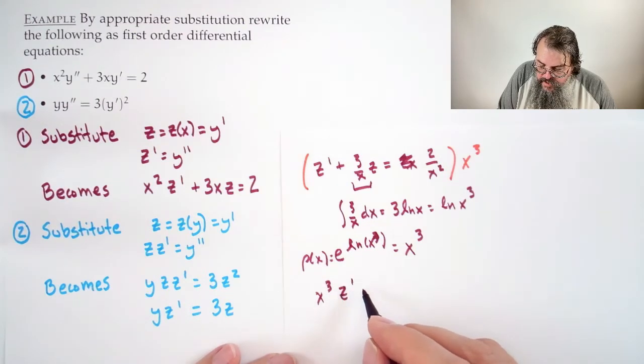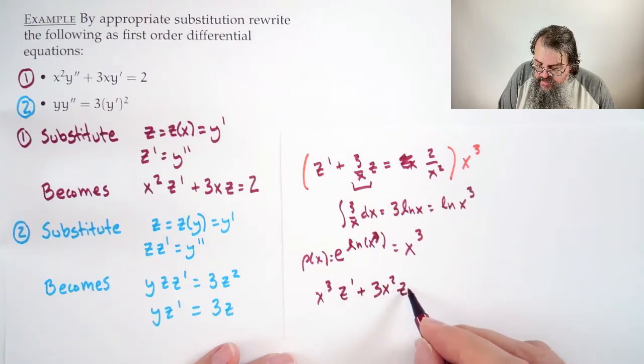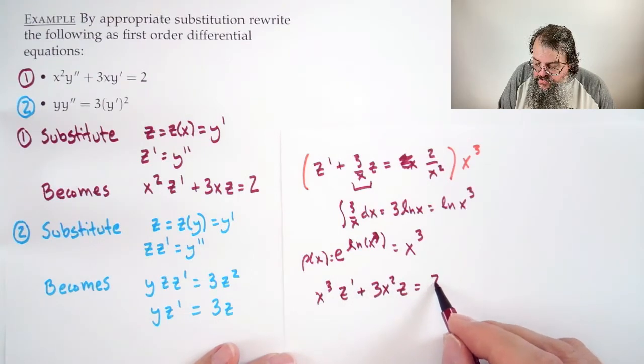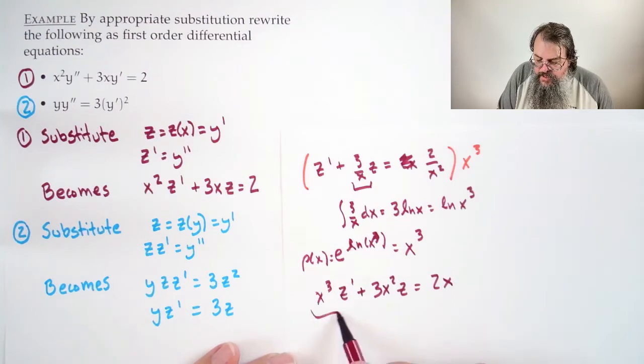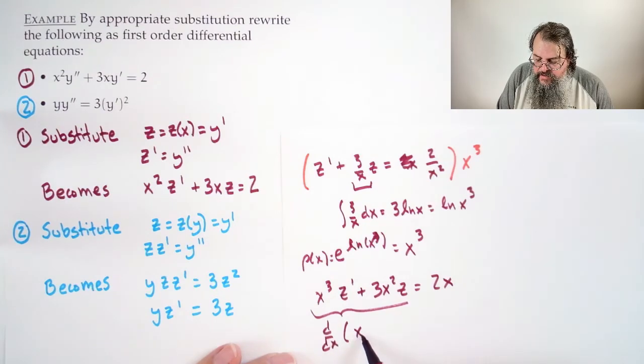times z prime plus 3x squared times z equals 2x. Well, by design, the left-hand side is going to be good. It's the derivative of x cubed times z.